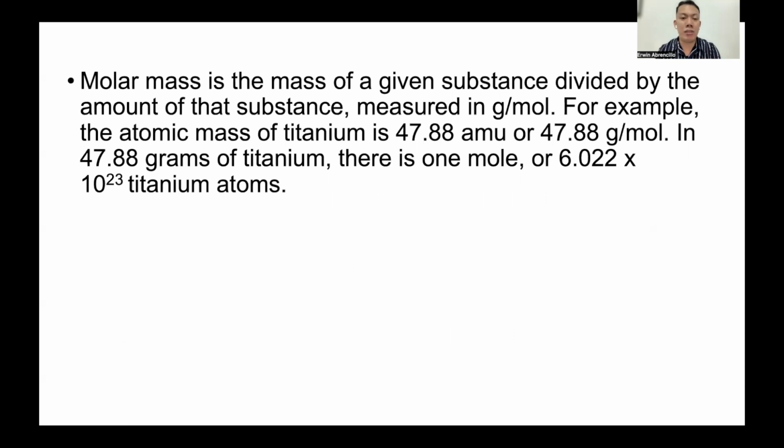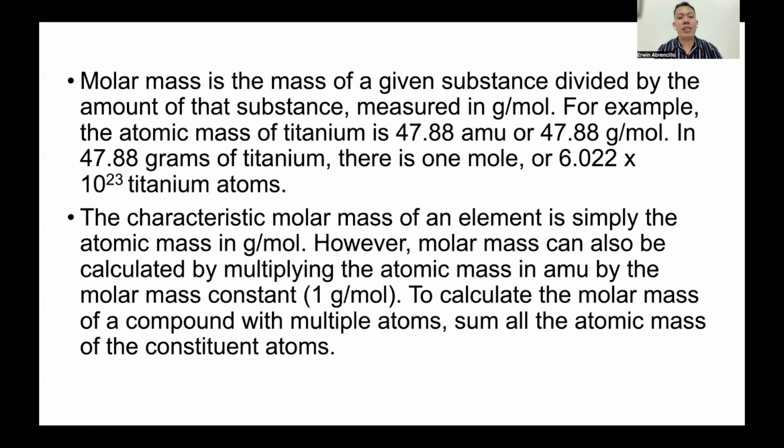That's the number of atoms for titanium. The characteristic molar mass of an element is simply the atomic mass in gram per mole. However, molar mass can also be calculated by multiplying the atomic mass in AMU by the molar mass constant, 1 gram per mole, so that you get the unit gram per mole.